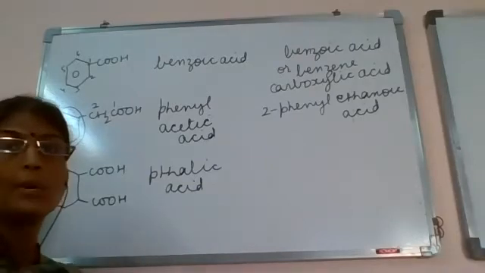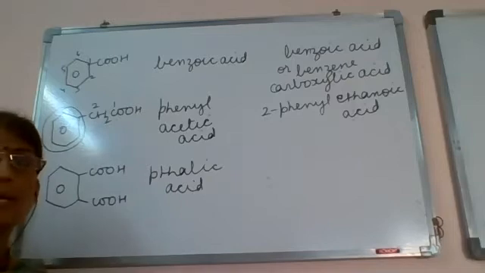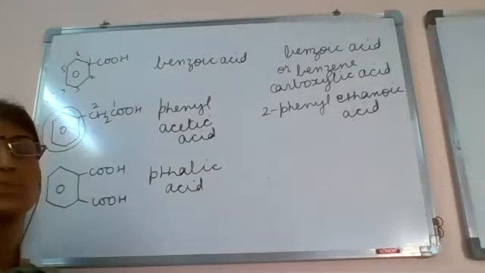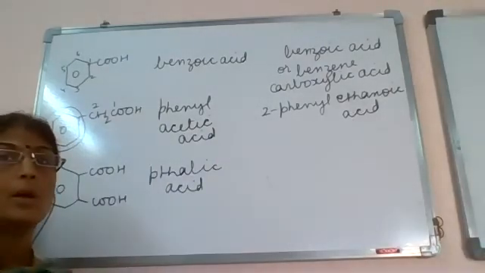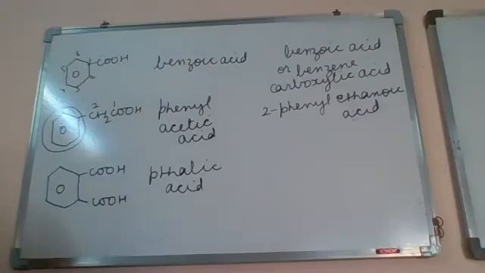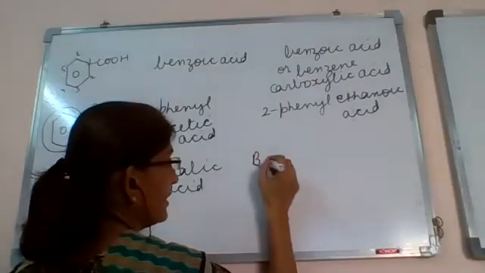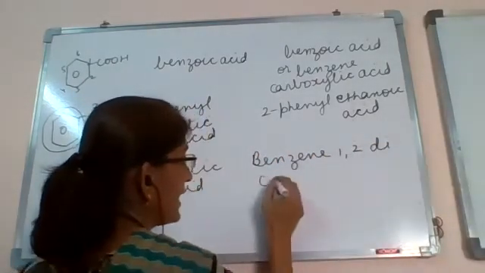Once last year only, in board exam, it was asked. Glyptal नाम का एक polymer है. उसमें जो monomer use होता है वो phthalic acid होता है. So phthalic acid is also used for preparation of this polymer. What is IUPAC name for this phthalic acid? It is benzene 1,2-dicarboxylic acid.